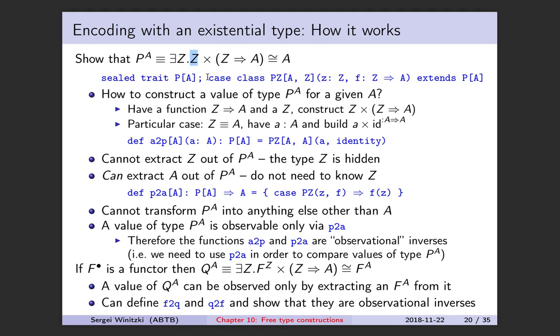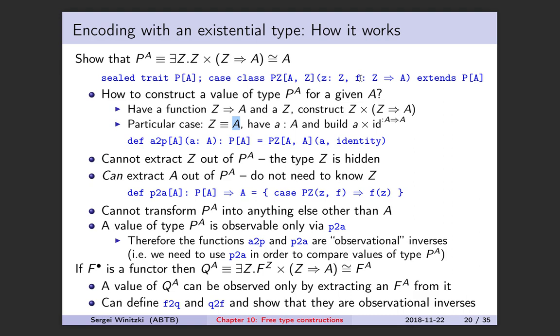Now imagine we would like to construct a value of PA where A would be some fixed type, say integer. In order to construct it, we would have to use the case class PZ, and we would have to give some value of a type Z and a function from Z to A. So imagine that we have the type Z equal to A. Well, it's our choice.